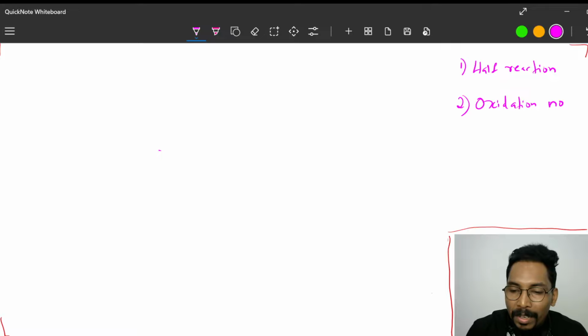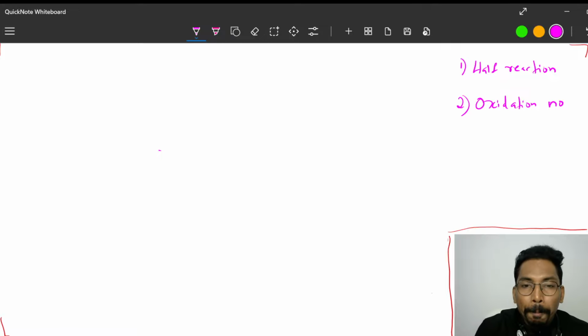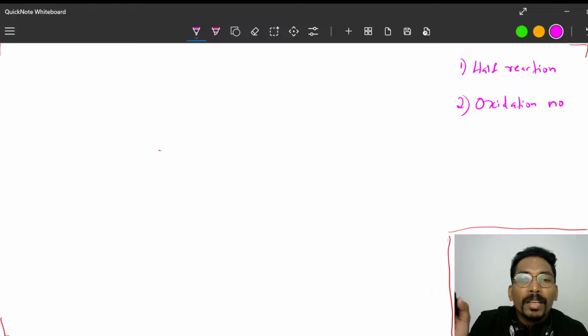So I will write the question here. The question will be like this: balance the following redox reaction using this specific method, maybe the half reaction method or oxidation number method, in acidic medium or basic medium. So they will specify the medium, either acidic or basic.